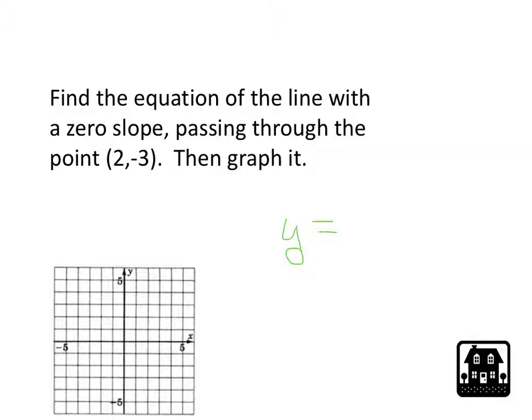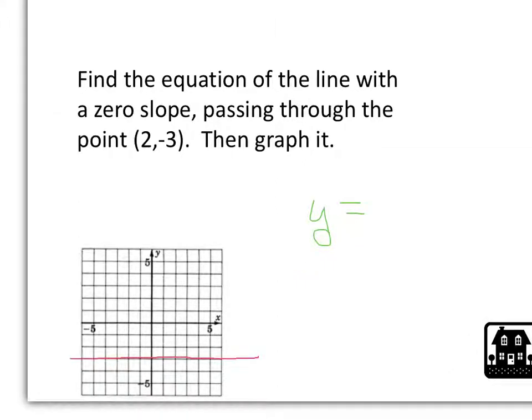Now this horizontal line is going to pass through the point x equals 2, y equals -3. We can go ahead and draw that line. There's our line that goes through the y-axis at -3, and that line is going to be called y equals -3.